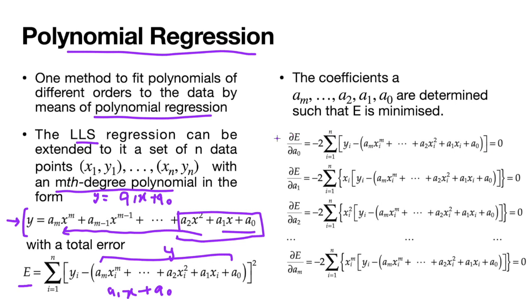So we can find all of these constants a naught, a1, a2, similarly am and am minus 1, by taking the partial differential with respect to that constant and equating it to 0, as we did in the linear least square regression example.